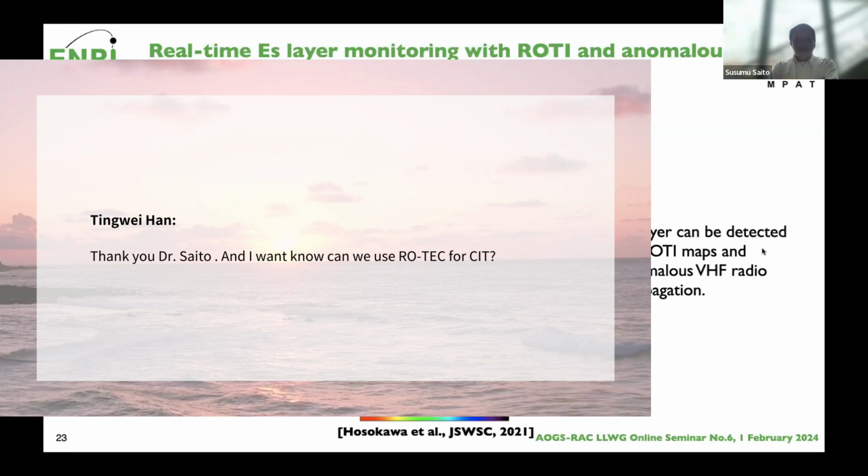Yeah, actually, we also considered it, but it's not easy because it has a very long propagation path in the horizontal direction. So it goes through the outside of the tomography inversion volume.